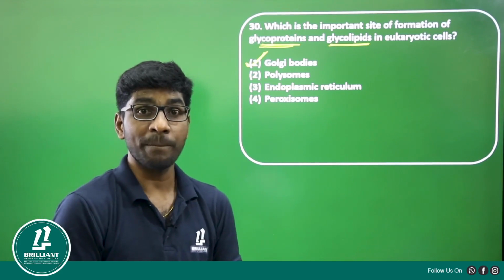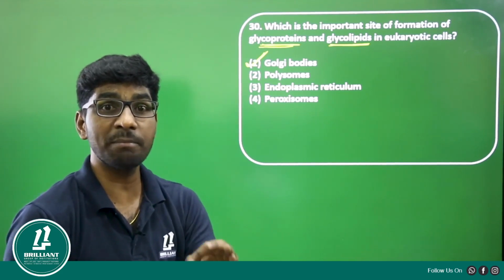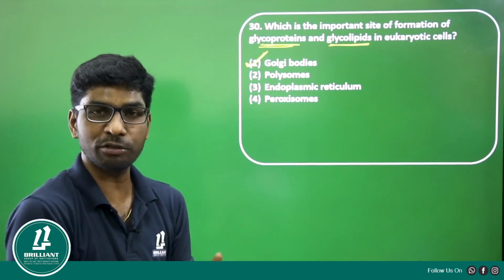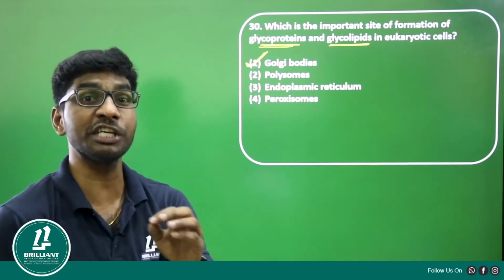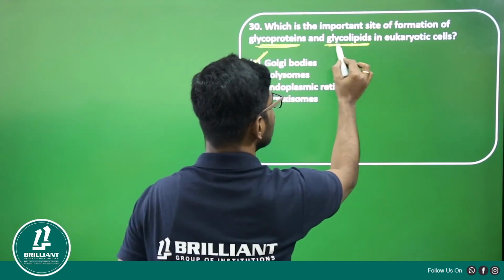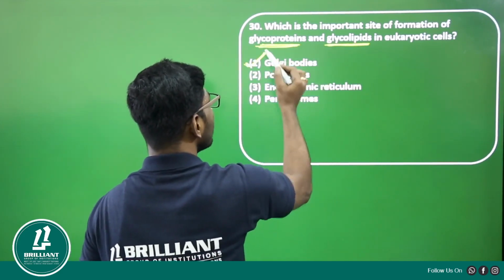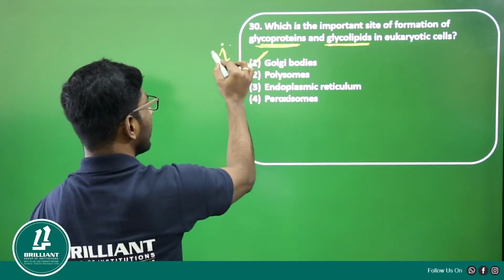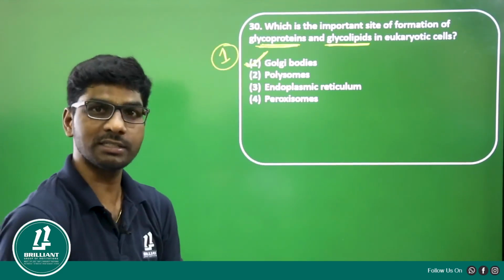Do you remember? Peroxisomes are single membrane bound organelles in plant and animal cell. In plant cell, the peroxisomes perform photorespiration, C2 cycle. So here they are asking glycoprotein glycolipid synthesis by Golgi body in eukaryotic cell. So the correct answer of the question number 30 is 1. 1 is the correct answer.